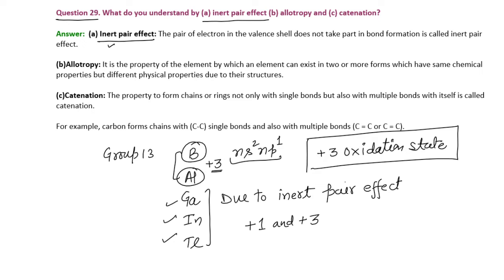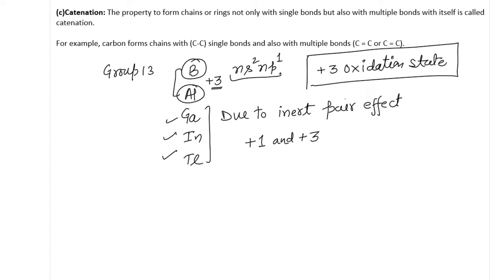Now, as we move down the group, the stability of +3 oxidation state decreases. See, aluminium is more stable in +3 oxidation state than gallium. Gallium is more stable than indium, than thallium.